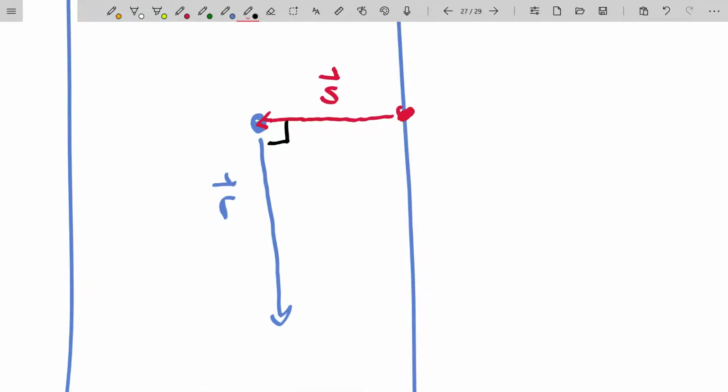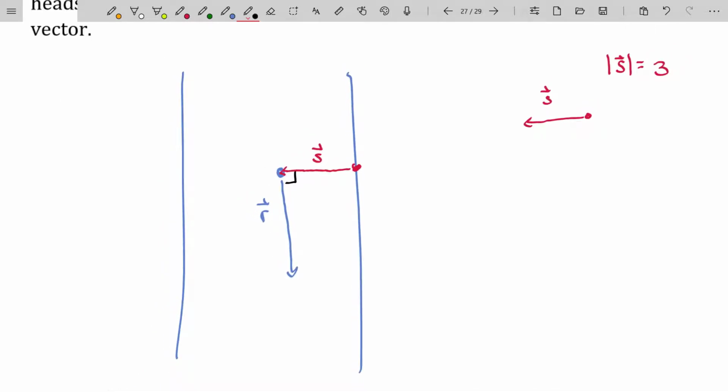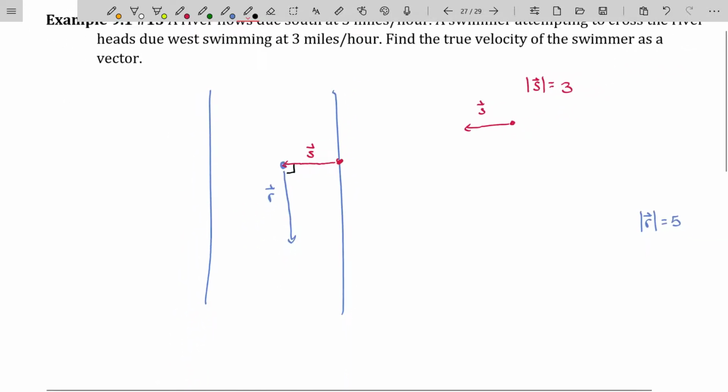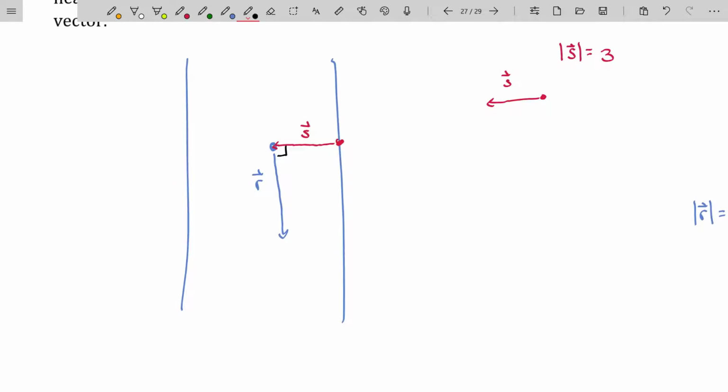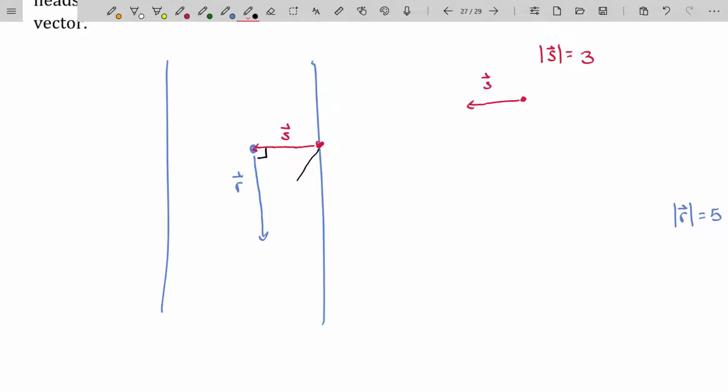It's a right angle. They told me that the swimmer is swimming at a magnitude of 3 and the river is moving at 5. So I could find easily the length of this resultant vector right here using the Pythagorean theorem. Right? So we have 3 and 5.